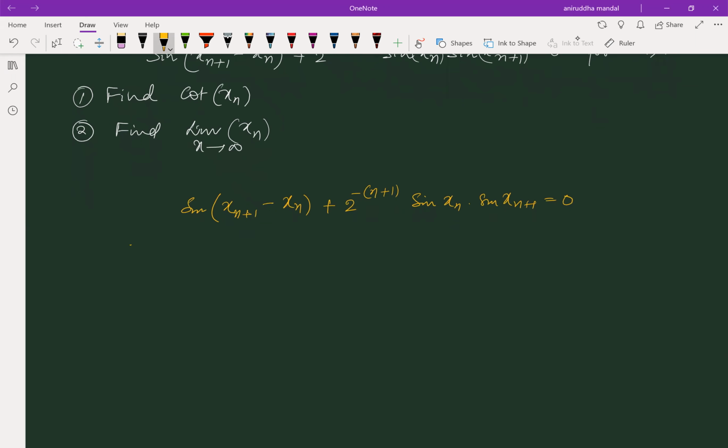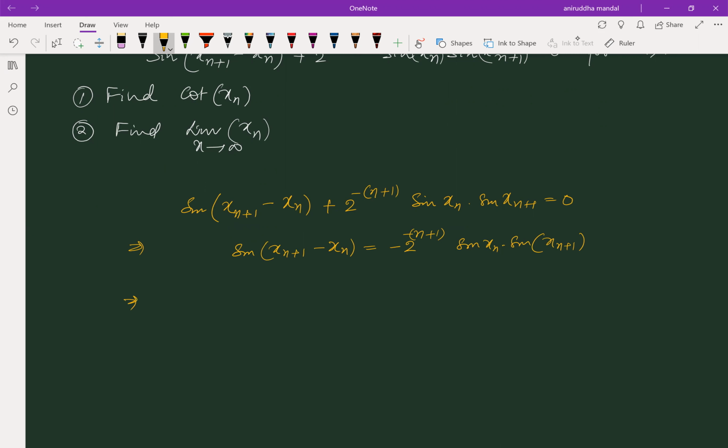So we take this expression to the right hand side. We have sine(x_{n+1} minus x_n) equal to 2 to the power minus (n+1) sine x_n into sine x_{n+1}. Now we divide by sine x_n and sine x_{n+1}.